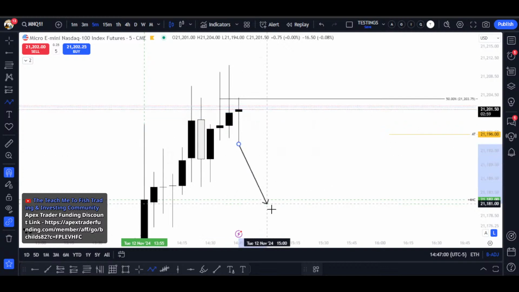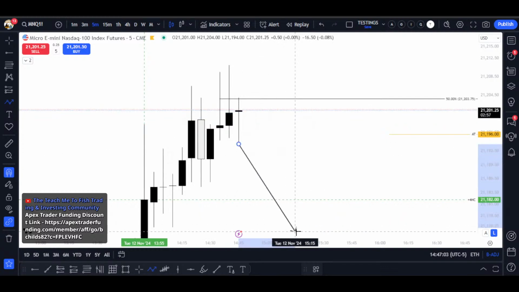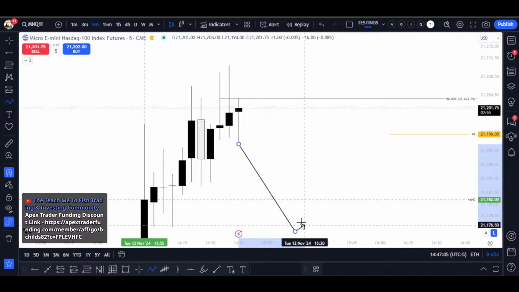And I really want to see price come down below 21,182.